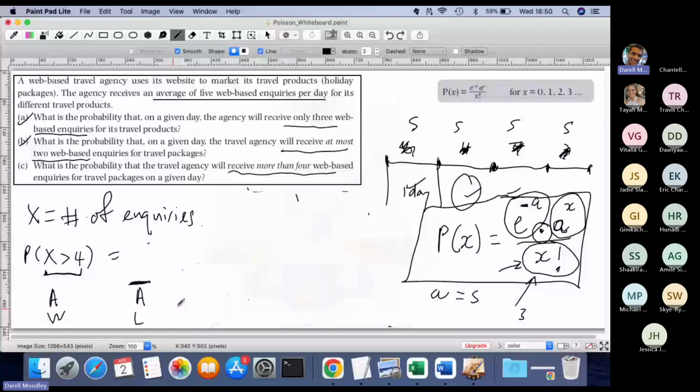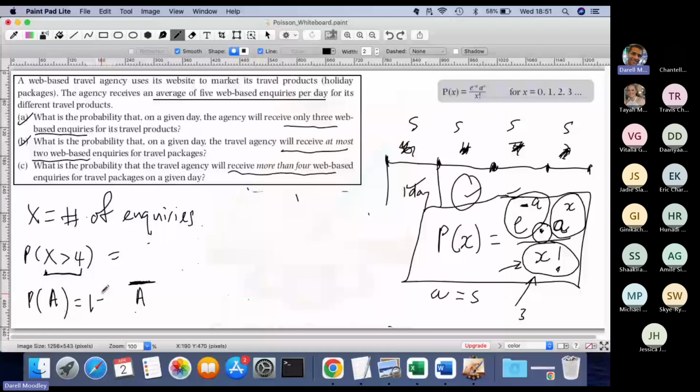Instead of writing L, I could have written a W with a dash on the top. It means the same thing: not winning, in other words losing. It's just math notation. So if this X greater than 4 is A, and I want to know the probability of A, then in the same way we just did earlier, I can work it out by taking 1 minus the probability of not A.